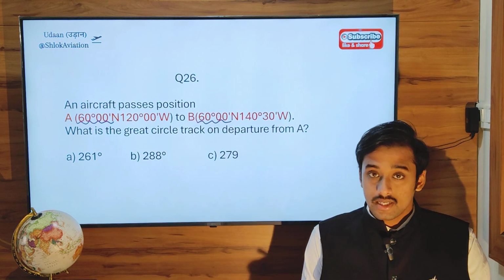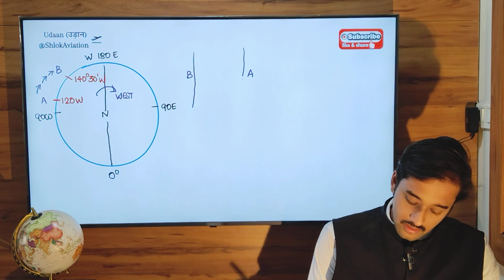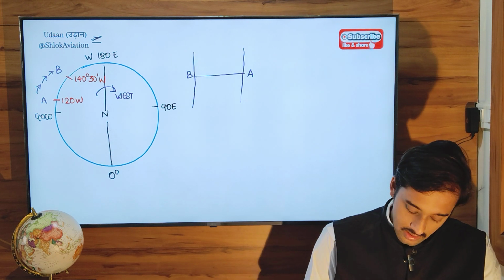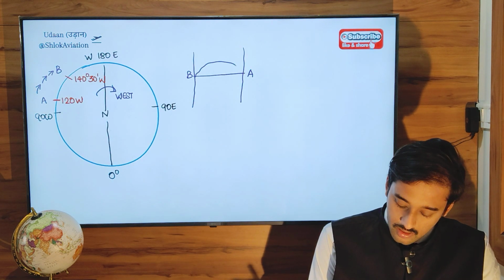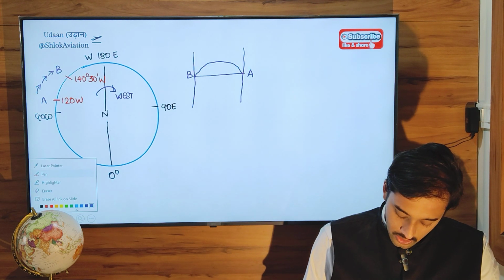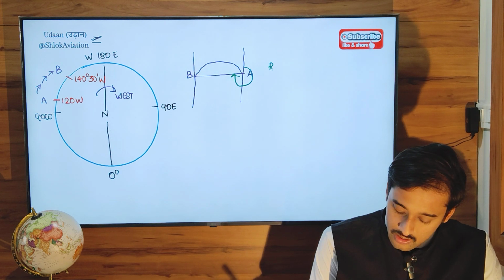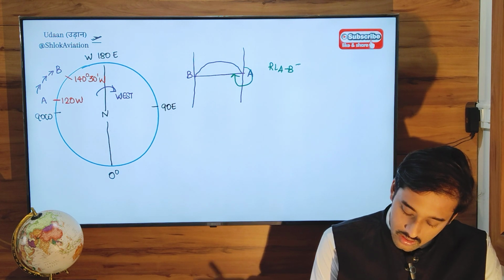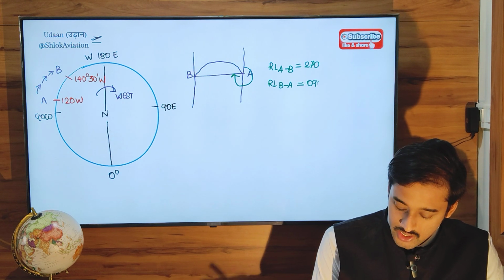That means the Rhumb line track A to B will be 270, and we are in the northern hemisphere. So Rhumb line track A to B is 270, and Rhumb line track B to A, the opposite of that, is 090.